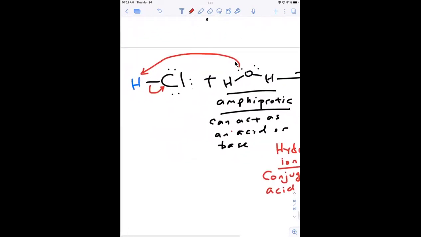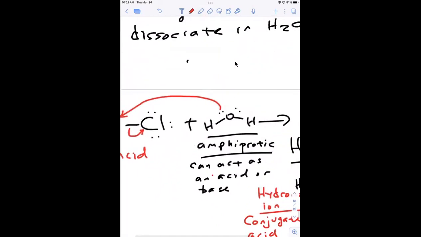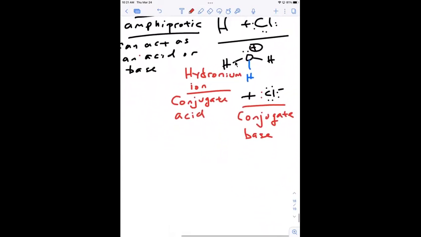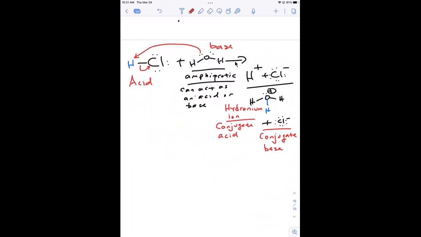So this is my acid. This is my base. On the other side of the arrow, I have my conjugate acid and my conjugate base, right? Anytime you have an acid-base reaction, that's the result. The acid plus the base is going to yield a conjugate acid and a conjugate base, all right?